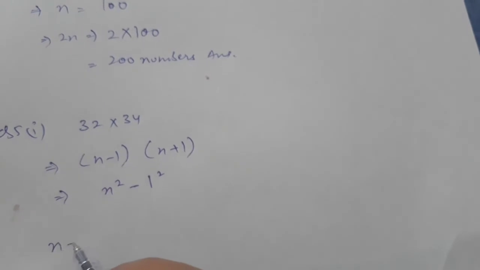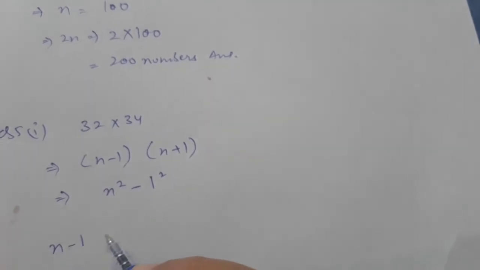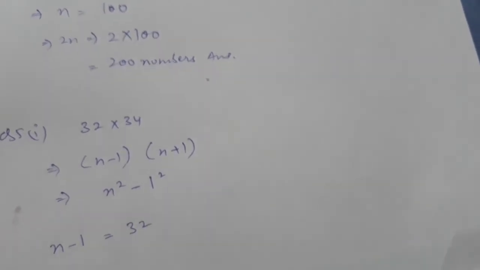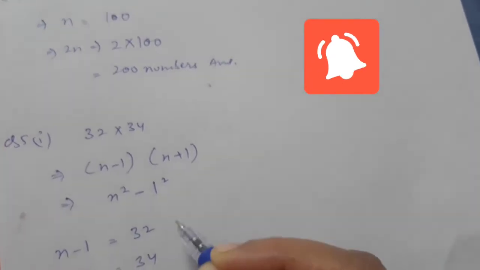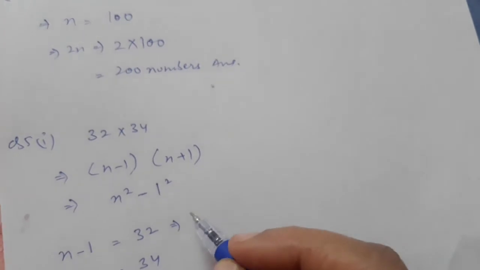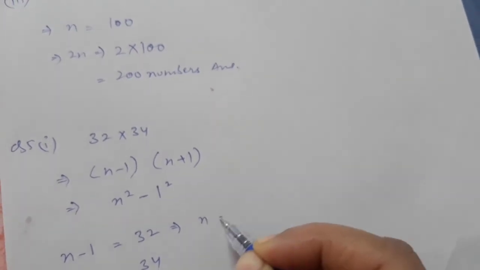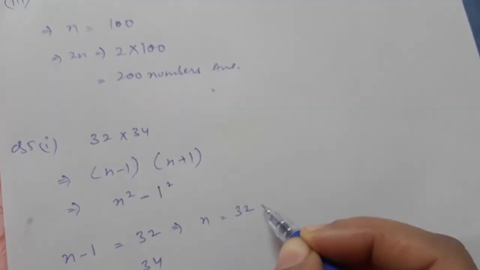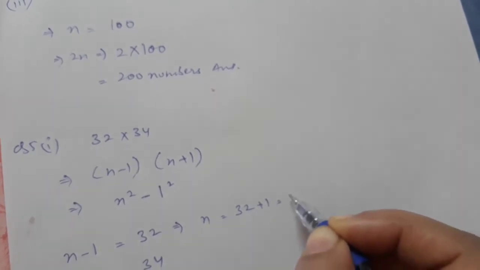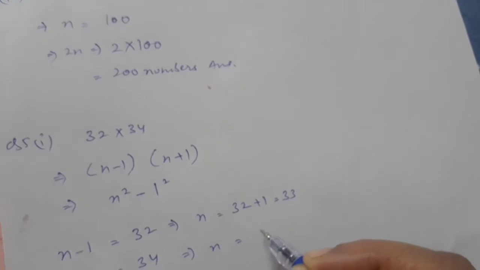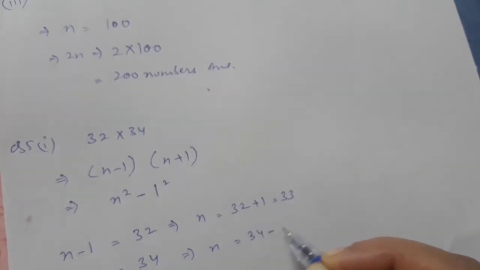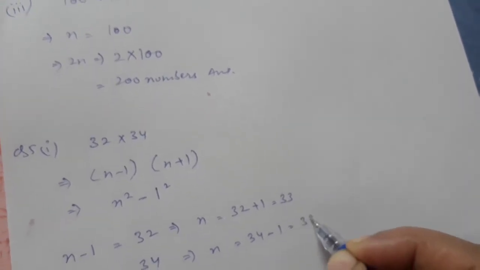We will write n minus 1 equal to 32 and n plus 1 equal to 34. So the next step is n equal to 32 plus 1, that is 33, and here n equals 34 minus 1, that is also 33.